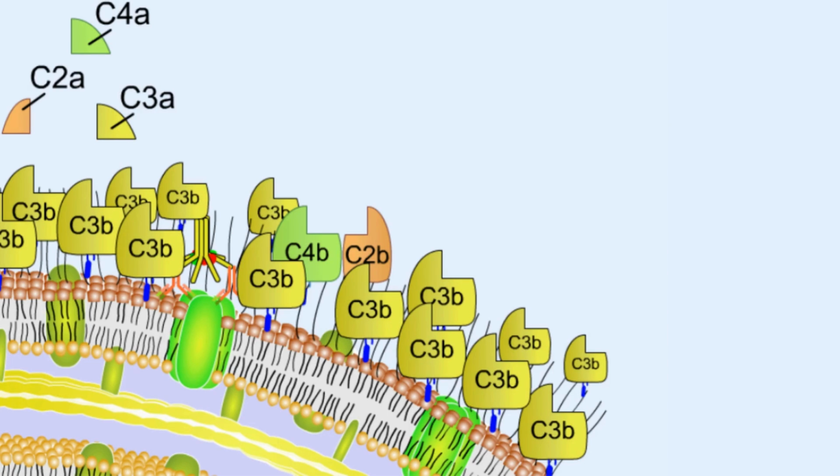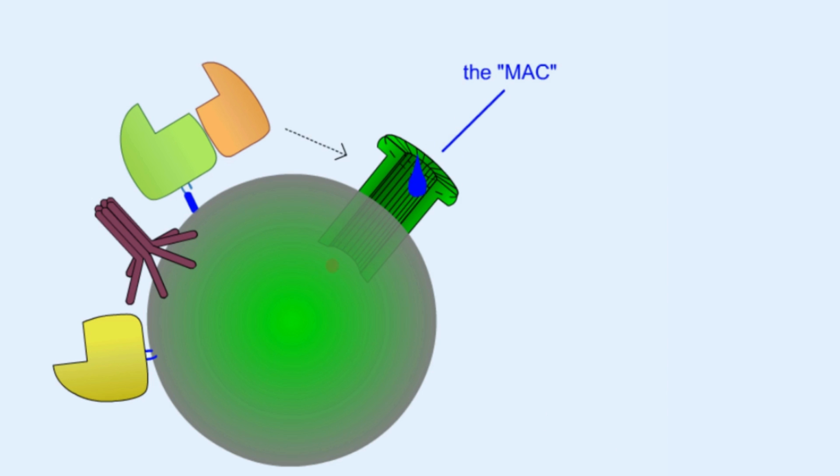Now we know that we have ultimately formed the C3b, C2a and C4b complex. This whole complex is known as C5 convertase. This C5 convertase starts forming what is known as the membrane attack complex, or MAC, that will ultimately kill the cell by changing the osmotic balance of the cell.